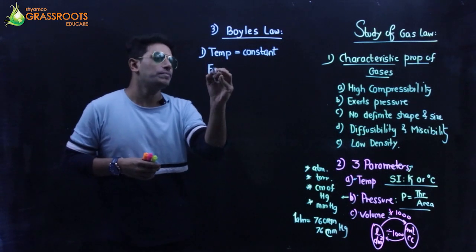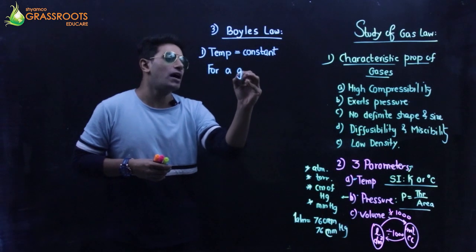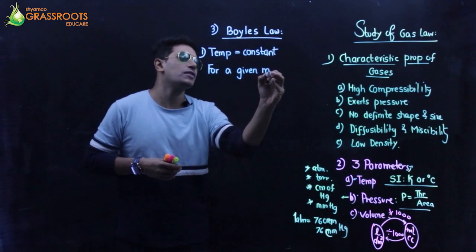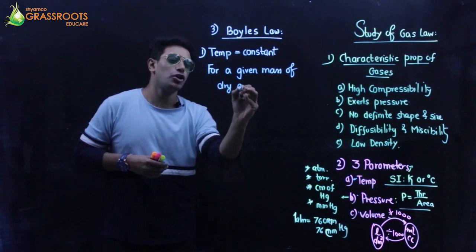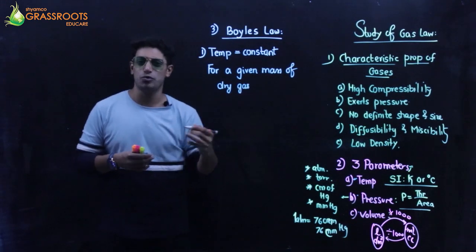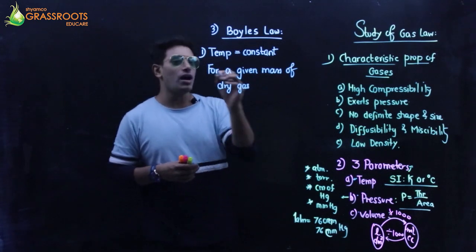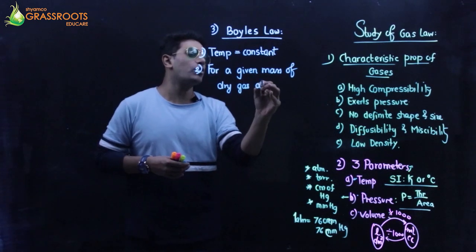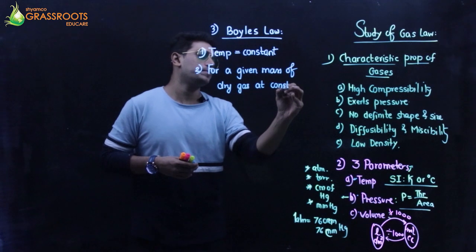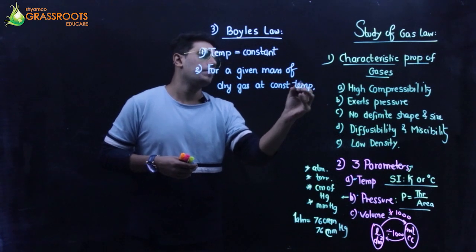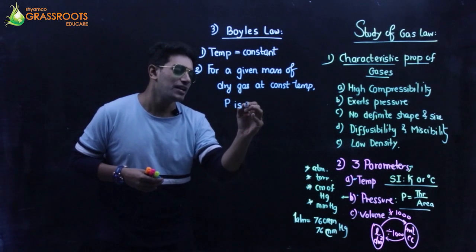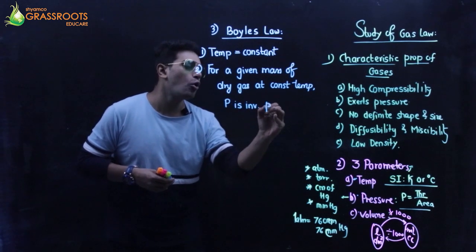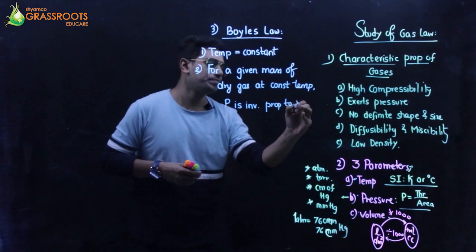So for a given mass of a dry gas, there should not be moisture, then the readings will be accurate. For a given mass of a dry gas at a constant temperature, pressure and volume are inversely proportional. Pressure is inversely proportional to the volume.